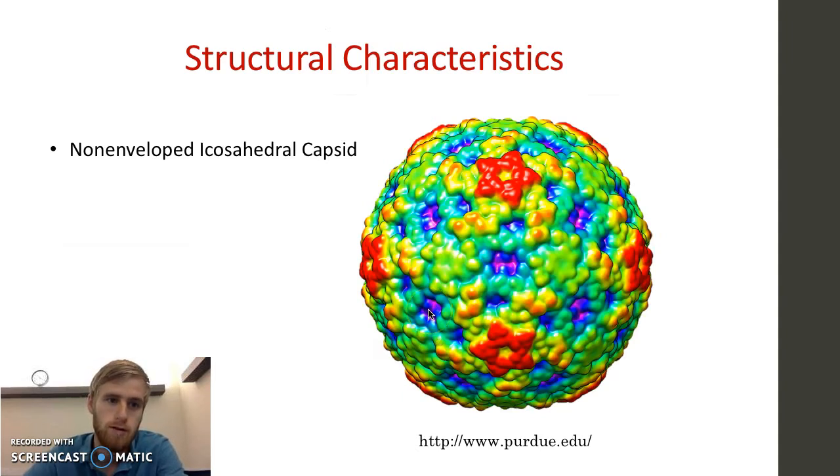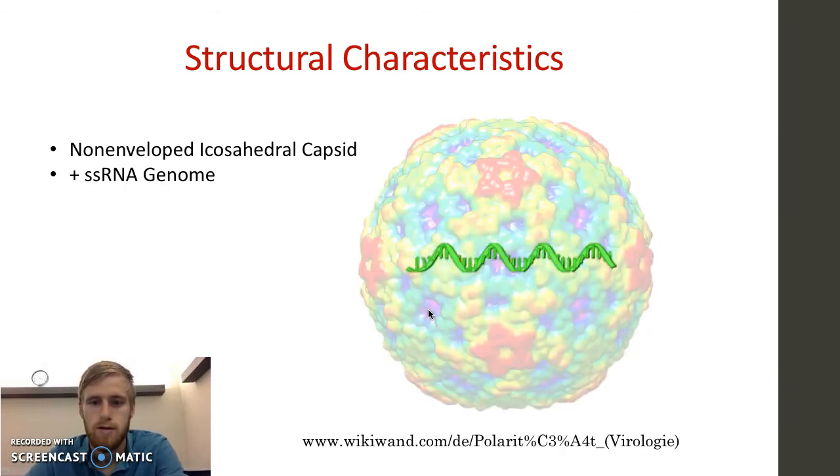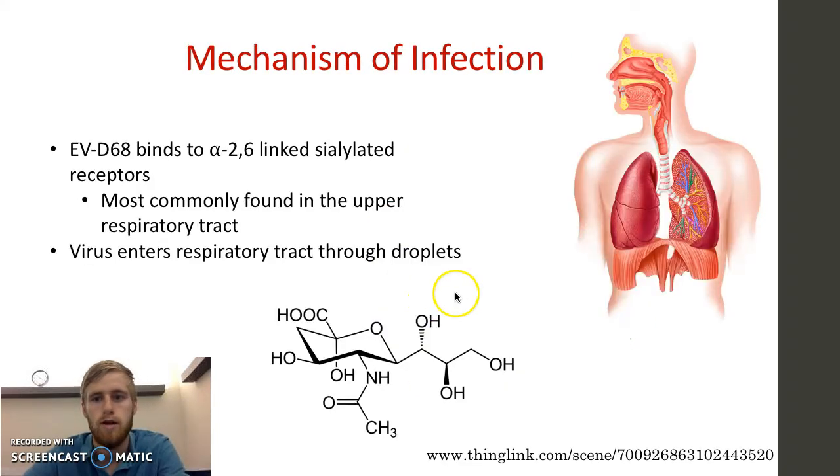It is composed of a non-enveloped icosahedral capsid, which you can see here. Inside this capsid is positive stranded ssRNA. The way it affects the human is it is transmitted into the upper respiratory tract through somebody sneezing or inhaling water droplets that contain the virus.